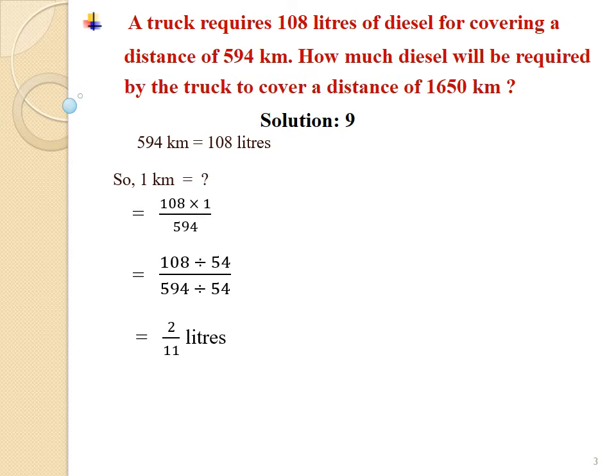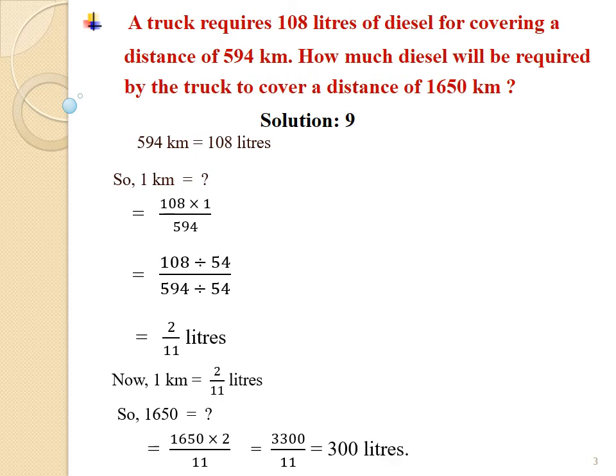Now, let us find out the diesel which will be needed for covering 1650 kilometers. 1 kilometer equals 2 upon 11 liters. So, 1650 kilometers equals how much? By cross multiplying, we get 1650 multiplied by 2 upon 11.